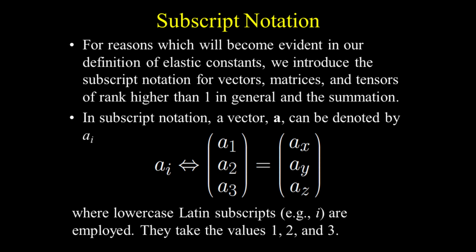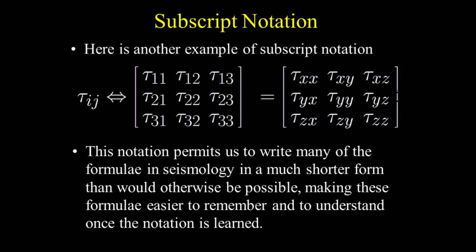Here, lowercase Latin subscripts, for example i, are assigned the values 1, 2, and 3. Here is another example of subscript notation. Here we are dealing with a two-rank tensor, tau ij.